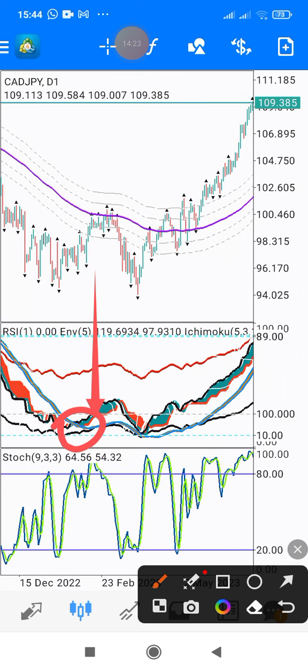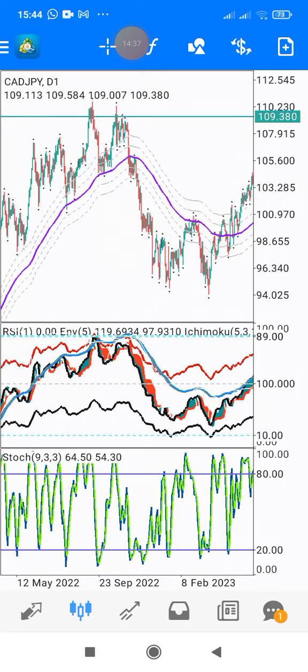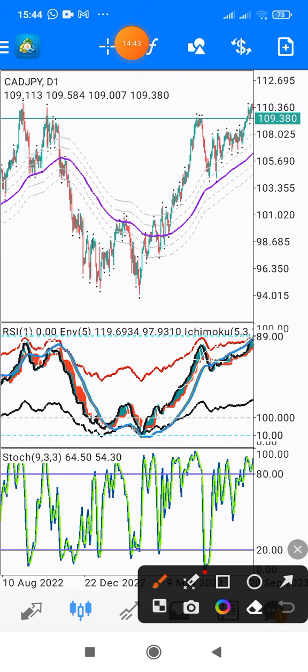As that one occurs, we have to pay attention to what is happening on the main chart. On the main chart, on this upper region, this is our main chart.